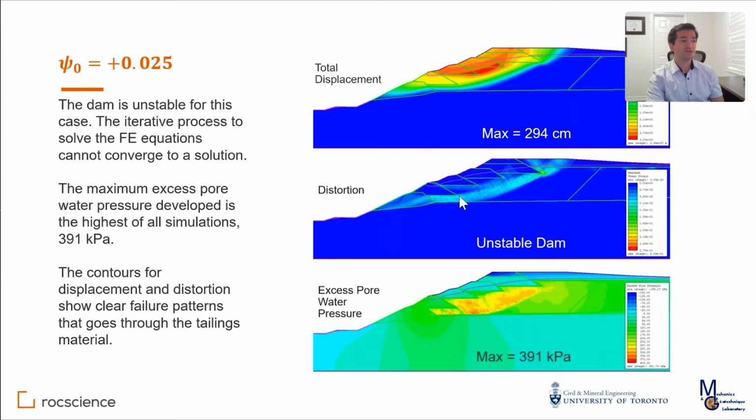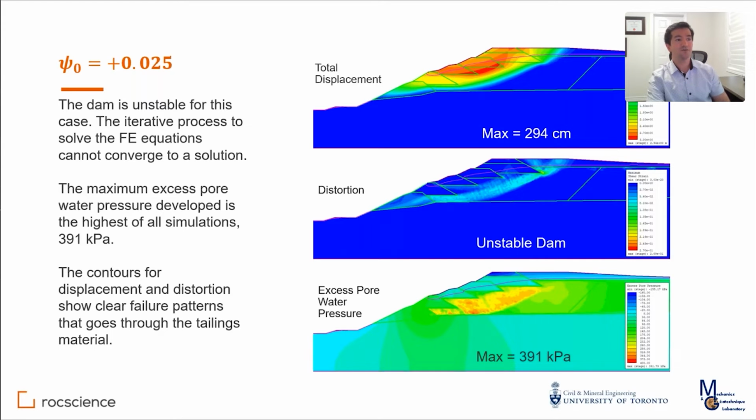And from the distortion contours, I can see this whole area that we just highlighted here. So this is one shear band area, this is one failure, this is another one happening here. So there are multiple modes of failure happening at the same time for this dam, for this state parameter. And the excess pore water pressure predicted in this case is 394.